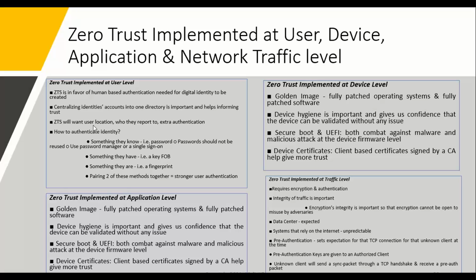So zero trust will want user location, who they report to, and extra authentication like multi-factor authentication. How do you authenticate the identity? Like I mentioned, multi-factor authentication: something they know, something they have, and something they are, and pairing two of these methods makes a stronger user authentication. So this is at the user level.